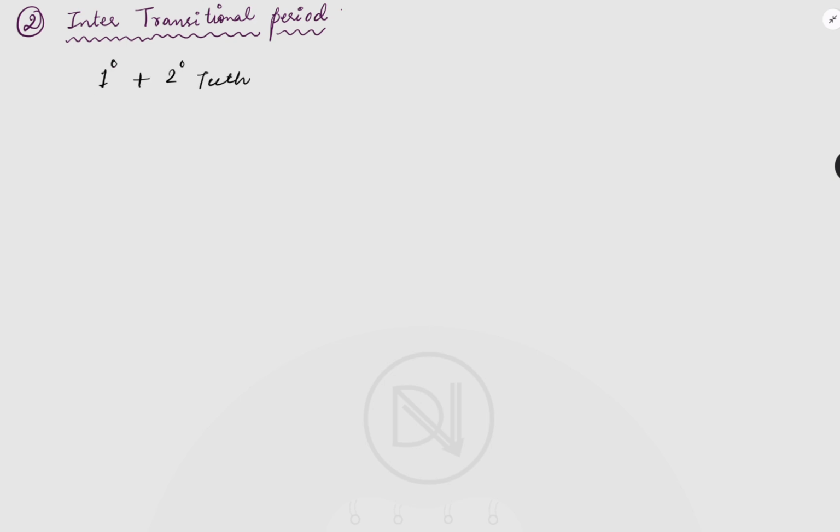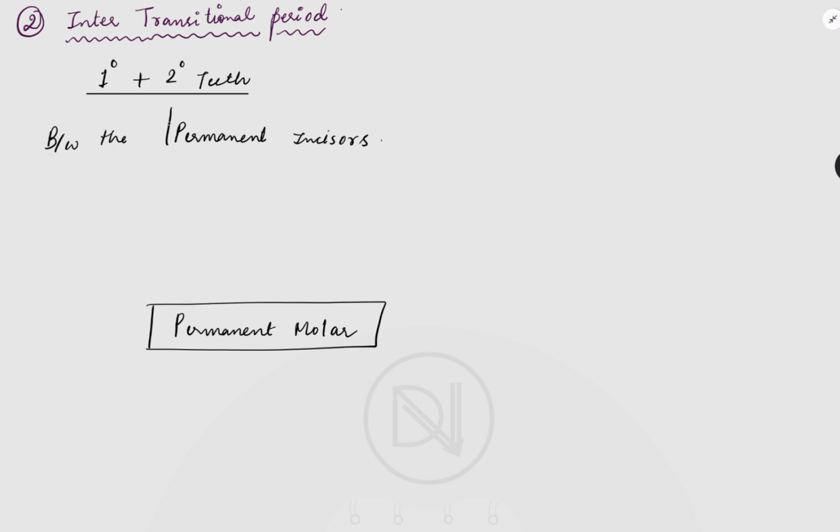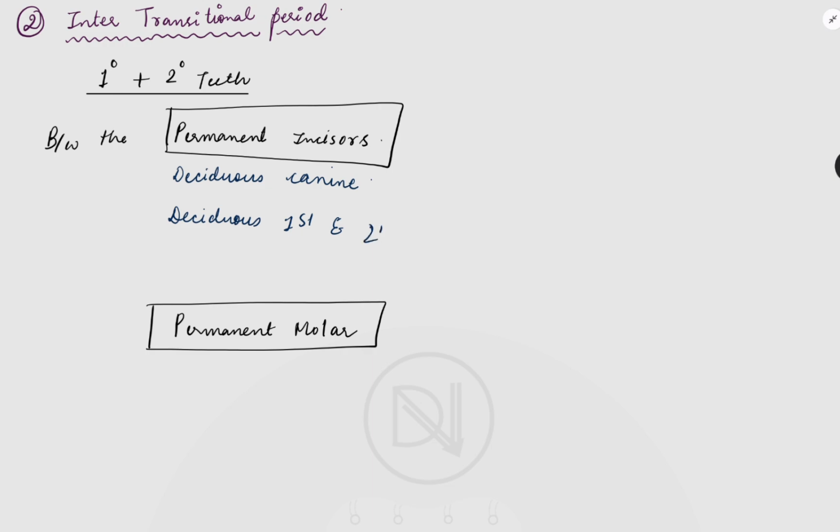Here, between the permanent incisors and permanent molar, there is the presence of the deciduous canine and deciduous first and second molar. So these are your deciduous teeth and these are your permanent incisors.